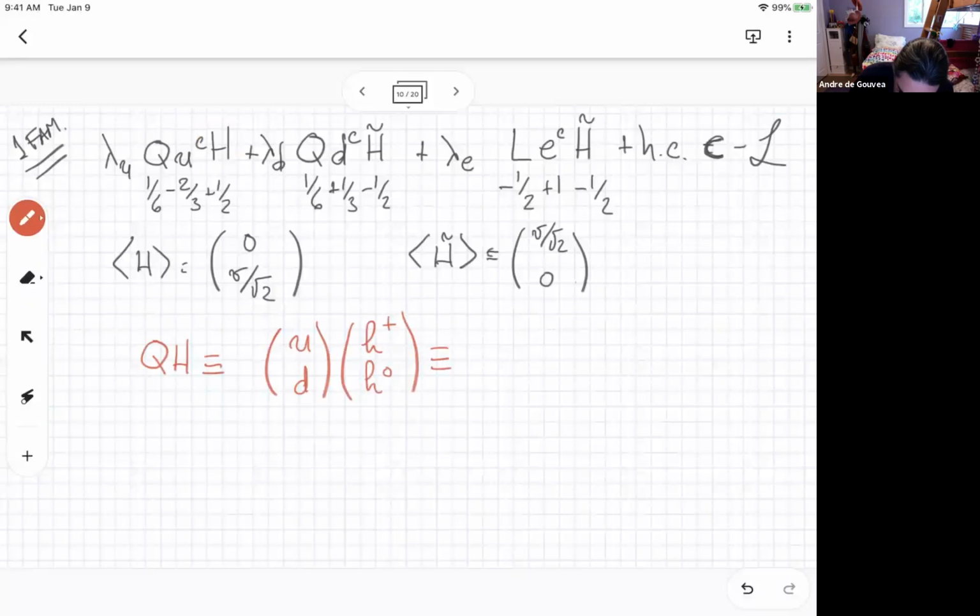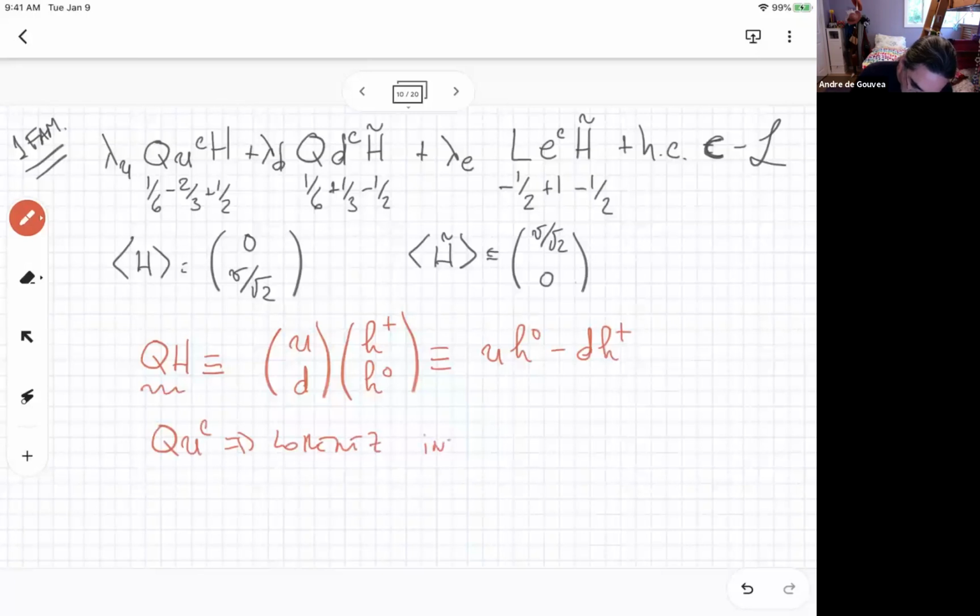So what this looks like is u H0 minus d H+. That's what this means. Just like when I write QUc, this is a Lorentz invariant. So in that way, I don't have to worry about transposes and stuff like that. Okay, so that's all in the notation.